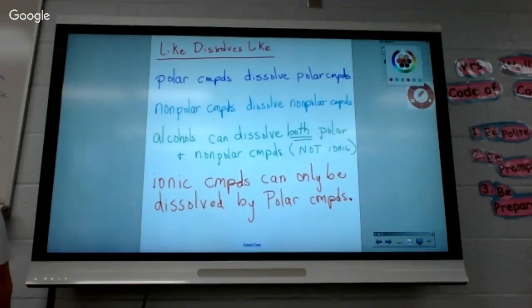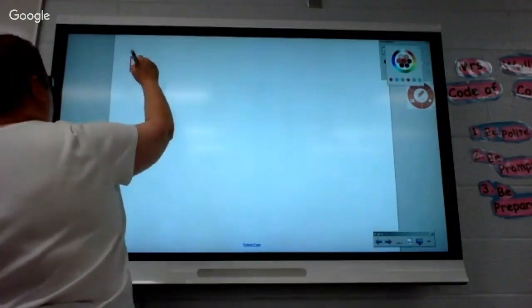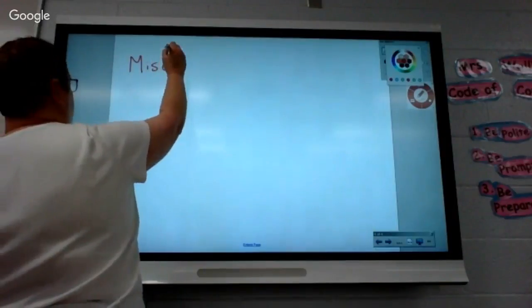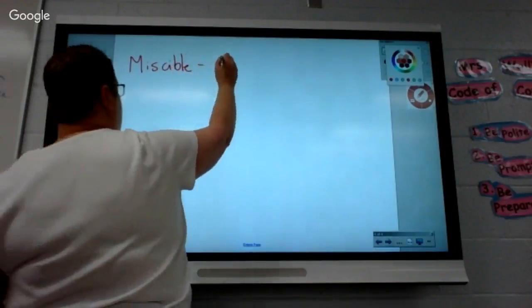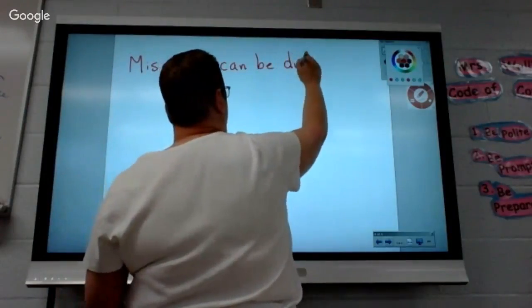Are we caught up? Because we got to talk about 2 vocabulary words you might see. All right. The first vocabulary word is the word miscible, which means can be dissolved.